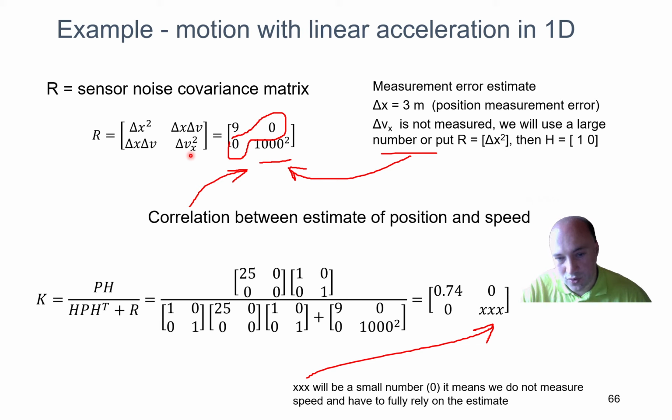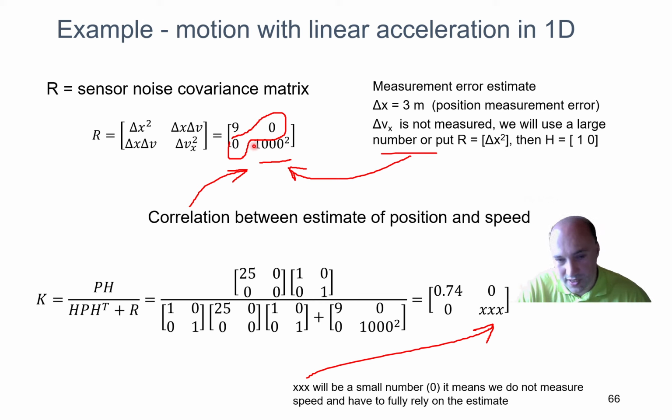So now I have two options. Either I choose the format where I have both position and speed, and in this case I choose here some really large number. By choosing this really large number, I say fine, I may get the speed, but I don't trust it at all. So it's the same as if you don't get the speed at all.